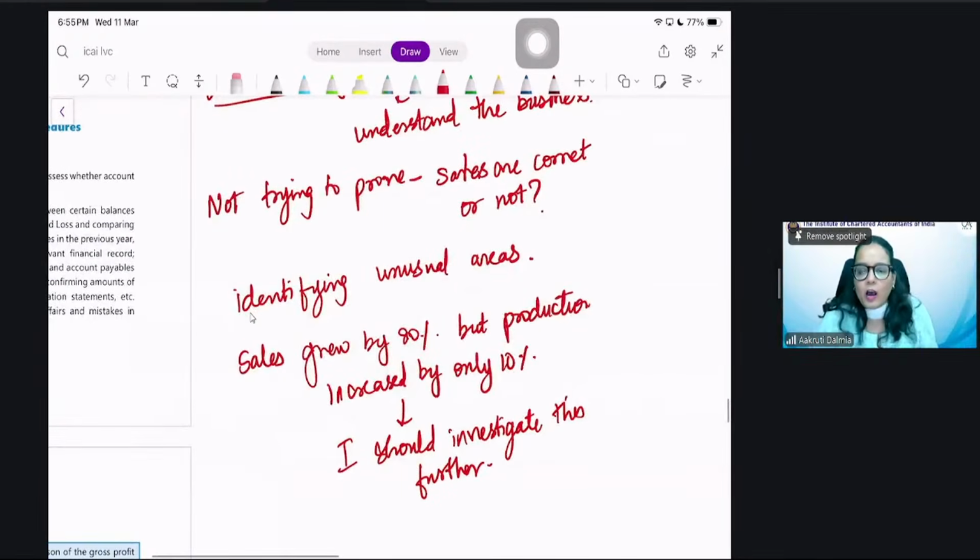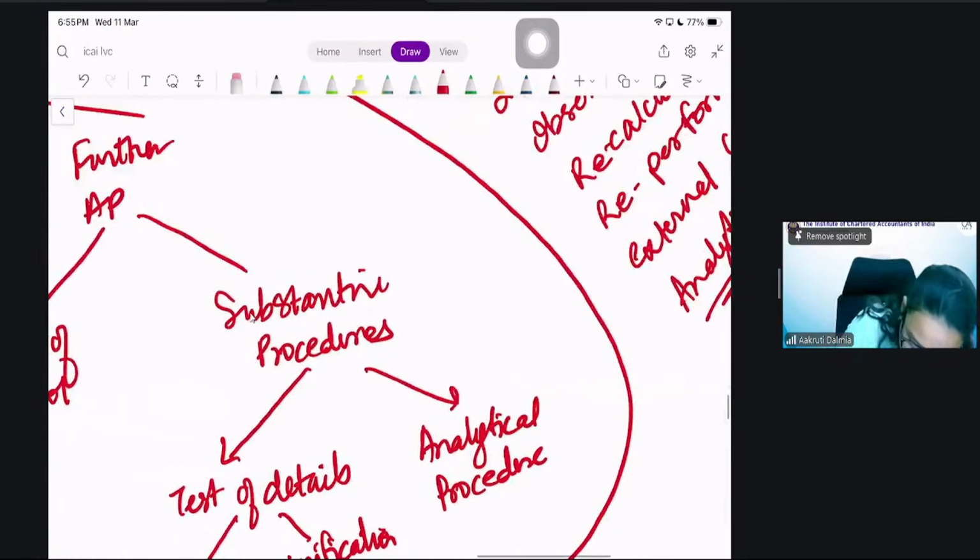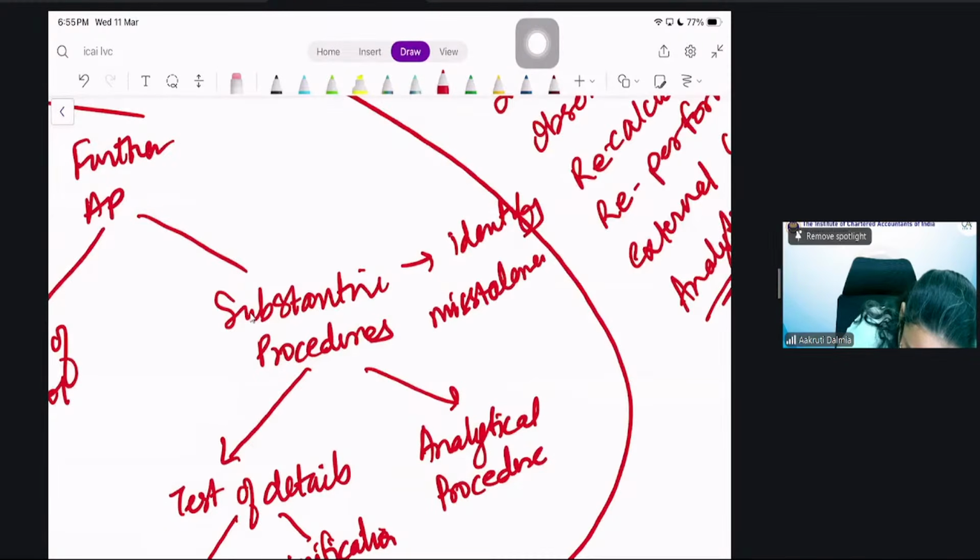So, till now, did I do a substantive procedure? What does a substantive procedure help you find? It helps you identify misstatements. Have I found any misstatements till now?